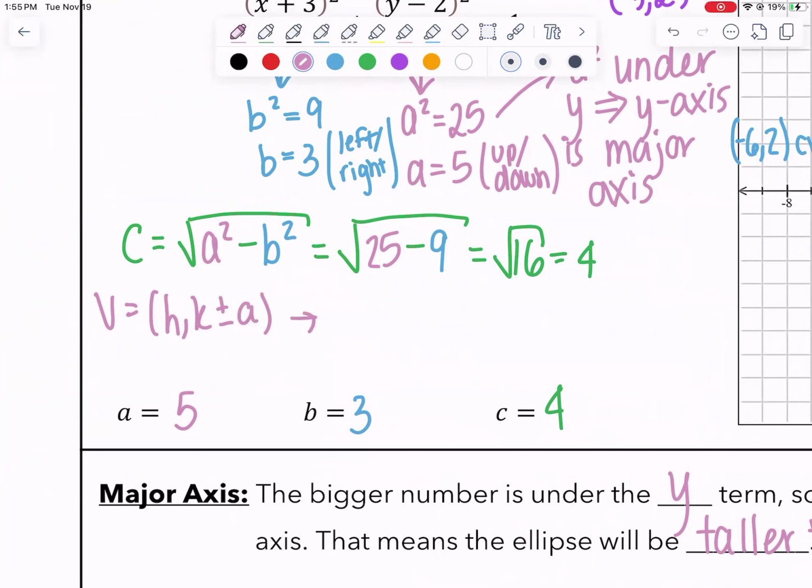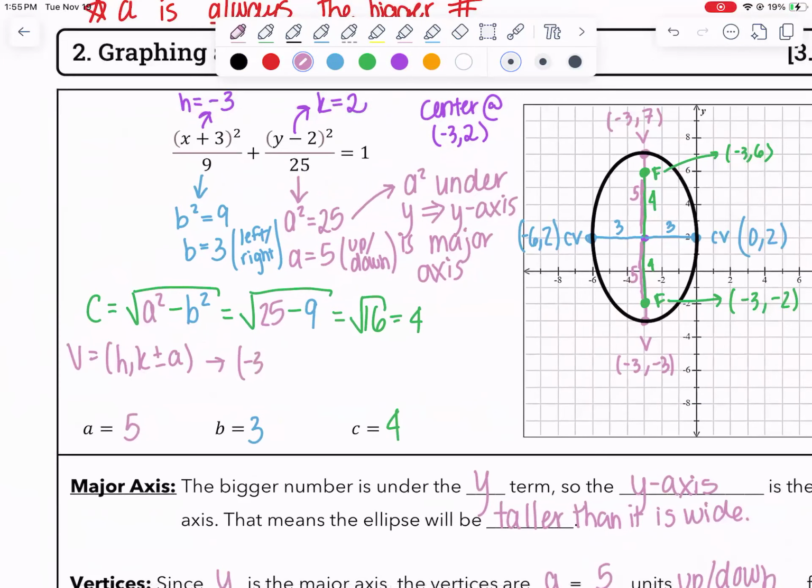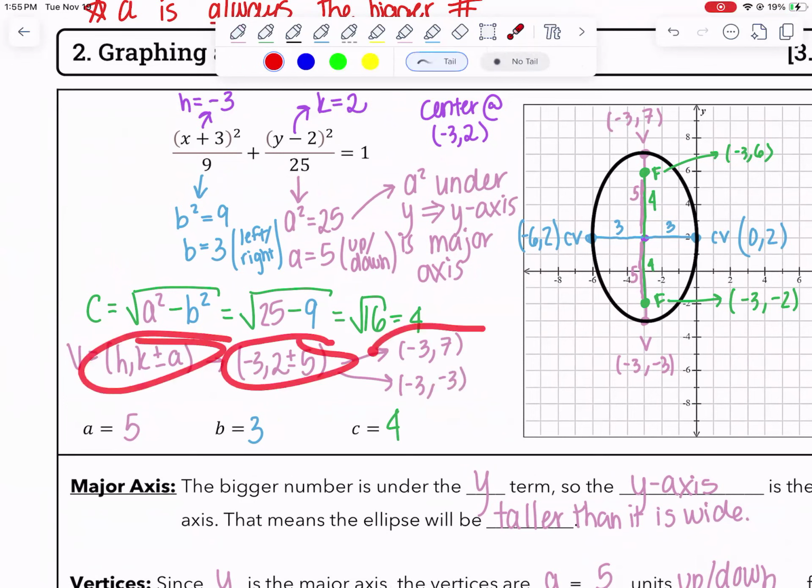For us, the h value was -3, the k value is 2, 2 plus or minus the a value, which is 5. So that splits up into -3, and then 2 plus 5 is 7, and then -3, 2 minus 5 is -3. So notice that formula, when you plug those values in, you do get these same points. And I'm not going to prove it for the co-vertices or the foci. I trust that you trust me at this point.